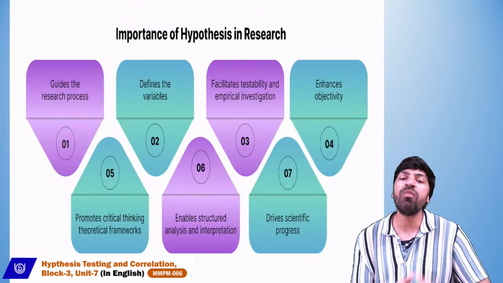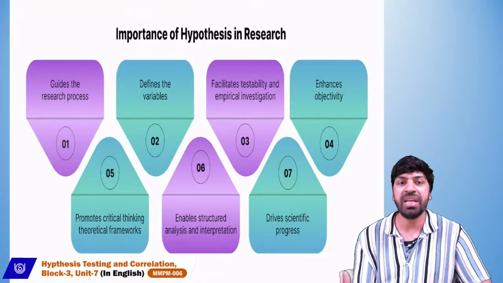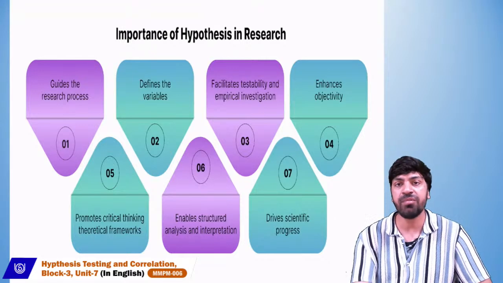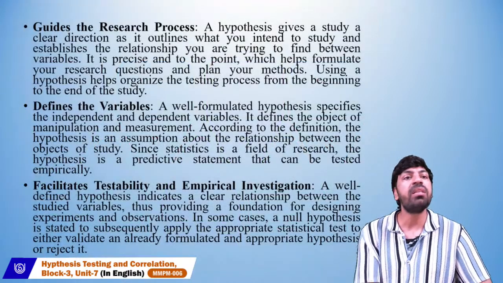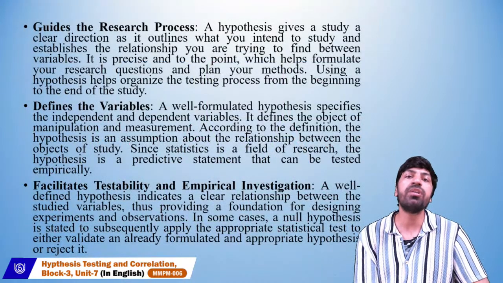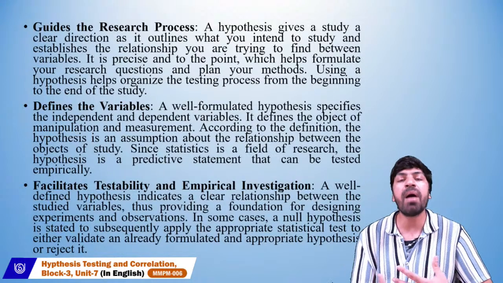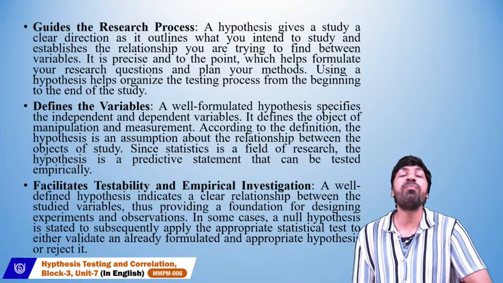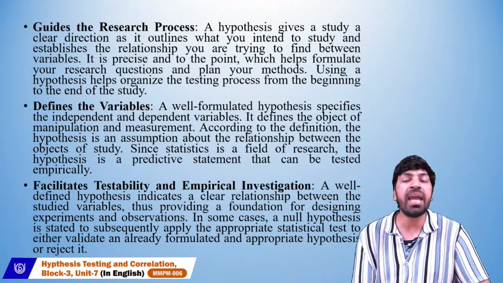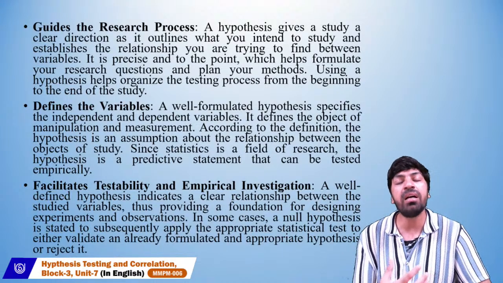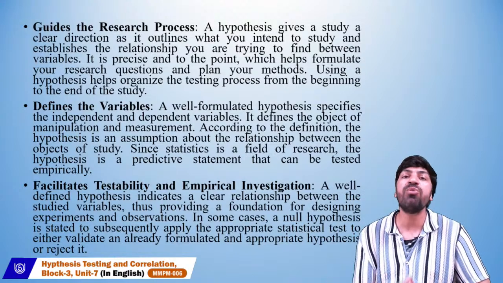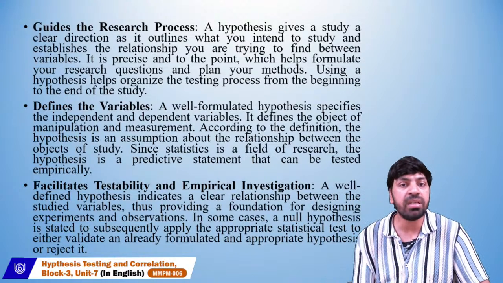Let's have an overview of these points one by one. The first one is that it guides the research process. A hypothesis gives the researcher a framework and clear direction on how to begin a study and make statements related to it.